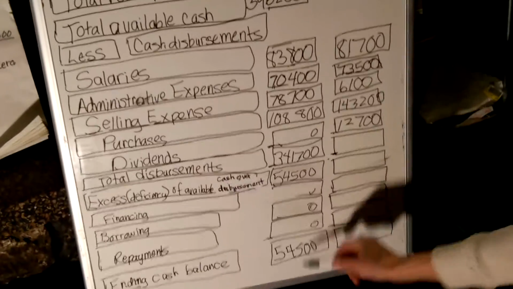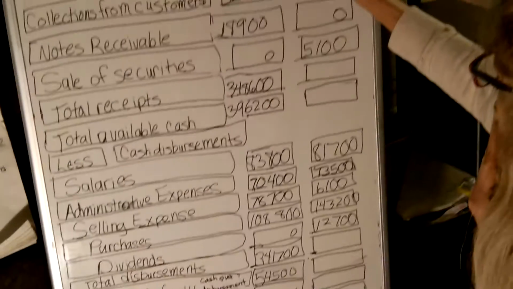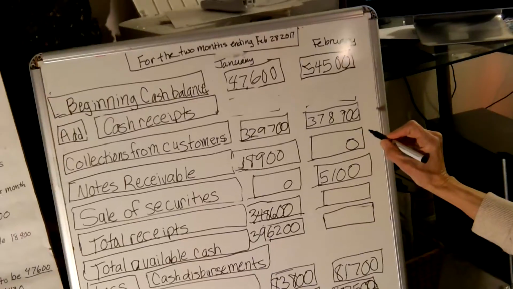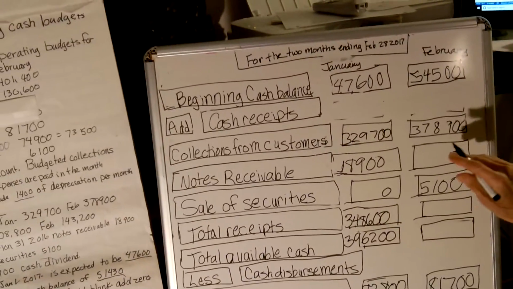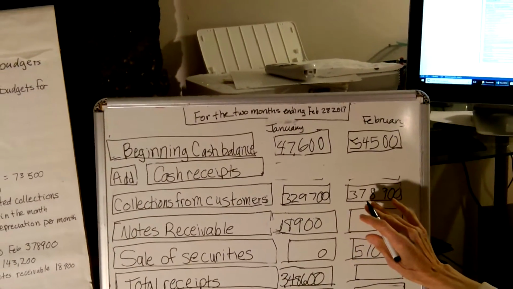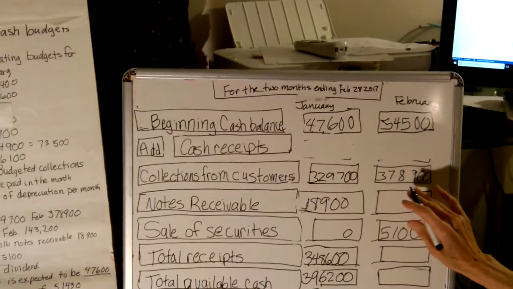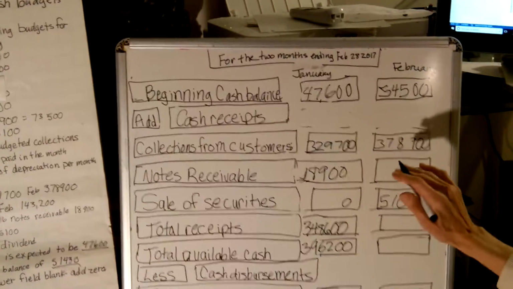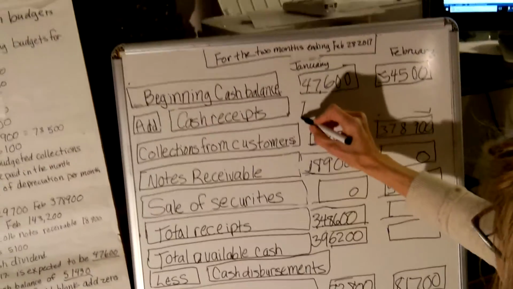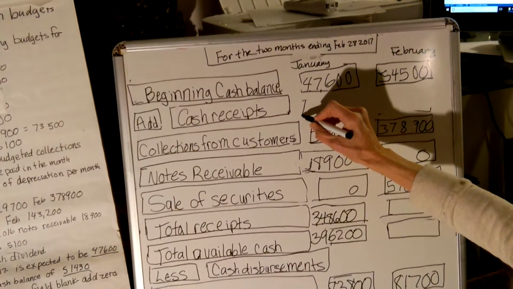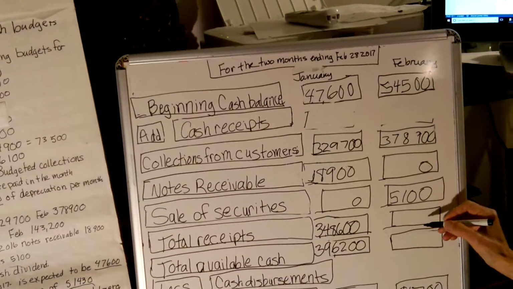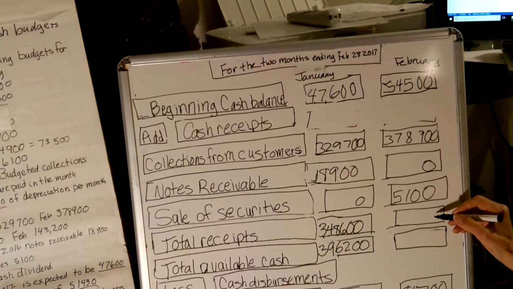Then this number, 54,500, is going to be brought up to the beginning balance up here. Then we're going to add up all these together, all the collections from customers.